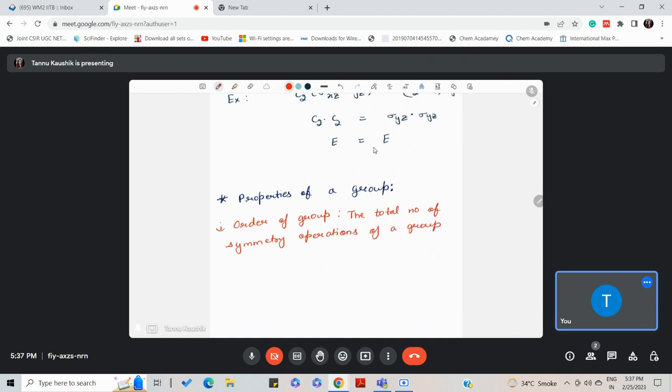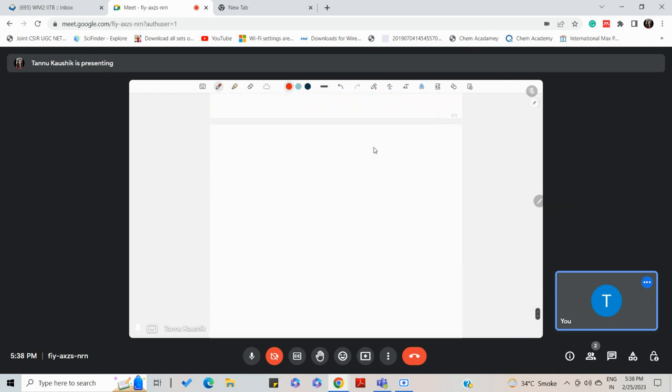The representation of the order of the group is h.